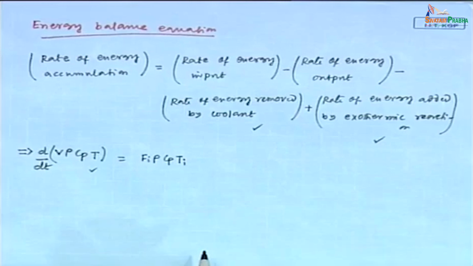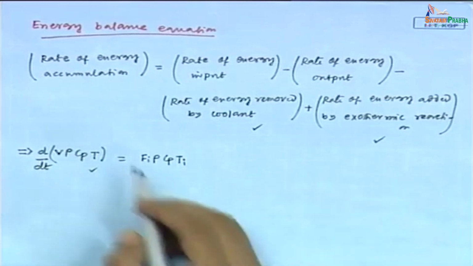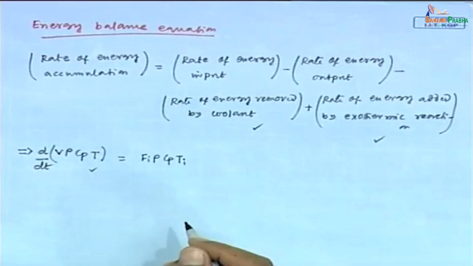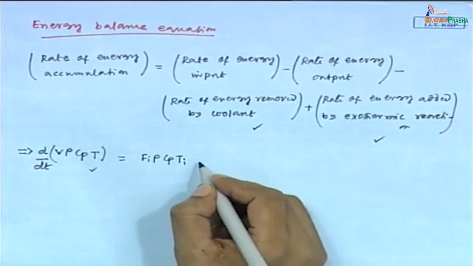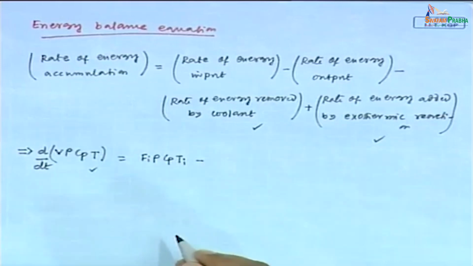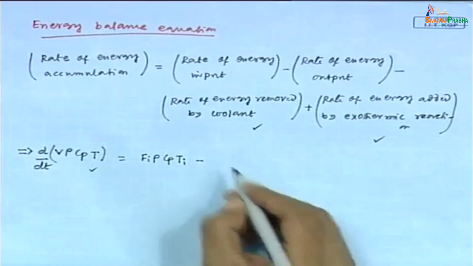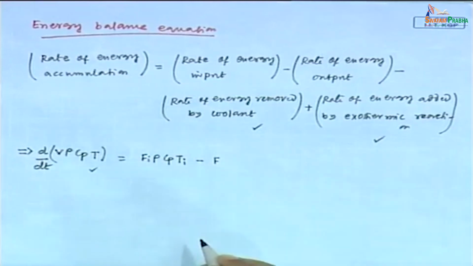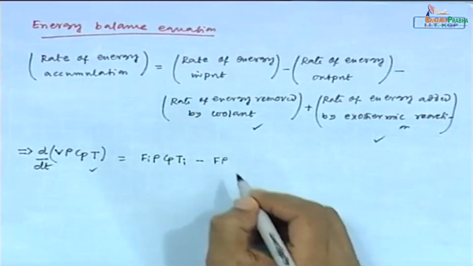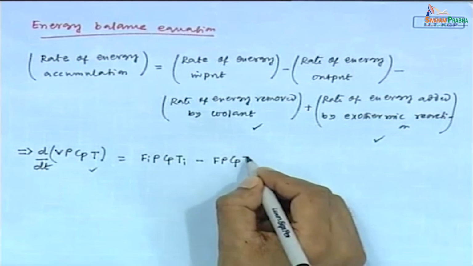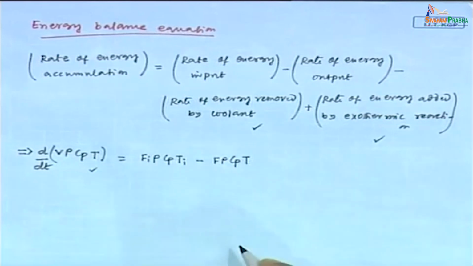So, Ti, and you recall we have considered the Cp, that is constant. What will be the rate of energy output? The flow rate of outlet stream, I mean the volumetric flow rate, that is F. Similarly, if we multiply rho, this becomes mass, Cp and outlet temperature is T.